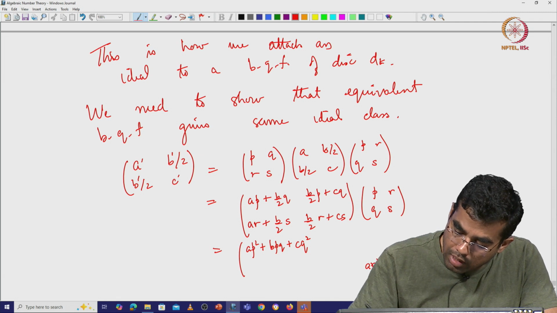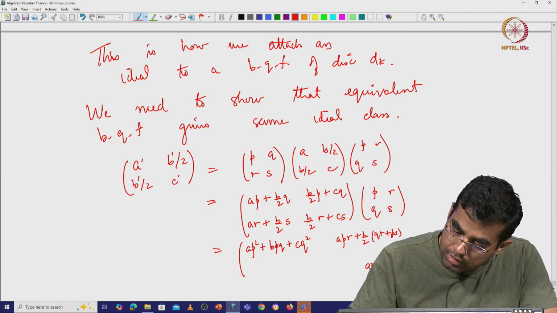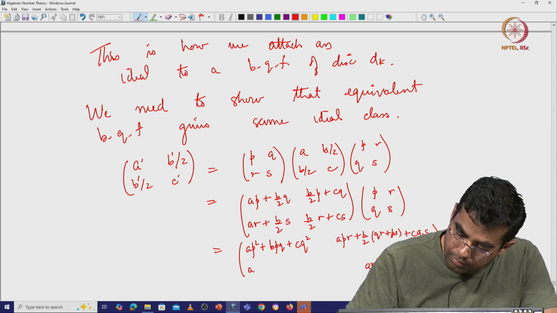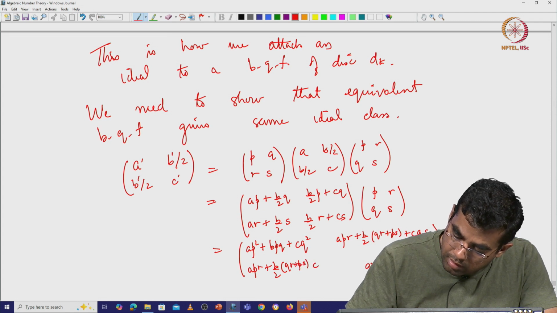then here you would have A P R plus B by 2 (Q R plus P S) plus C Q S, and then the same kind of thing here, A P R plus B by 2 (Q R plus P S) plus C Q S, right.